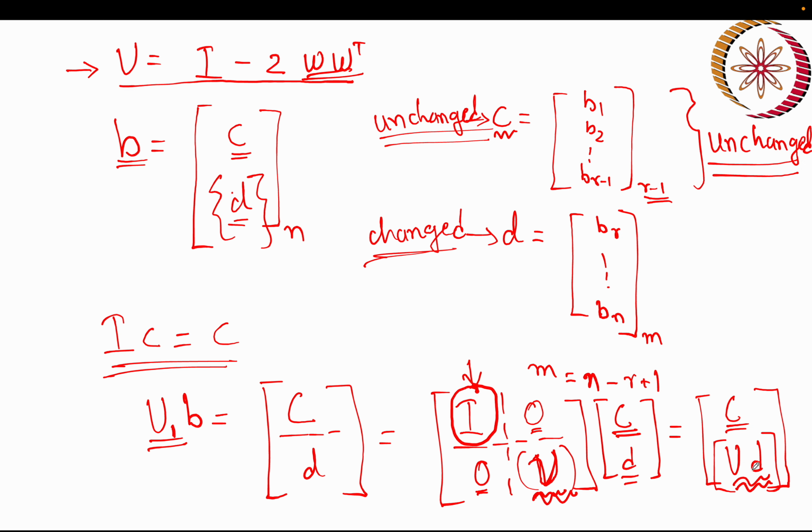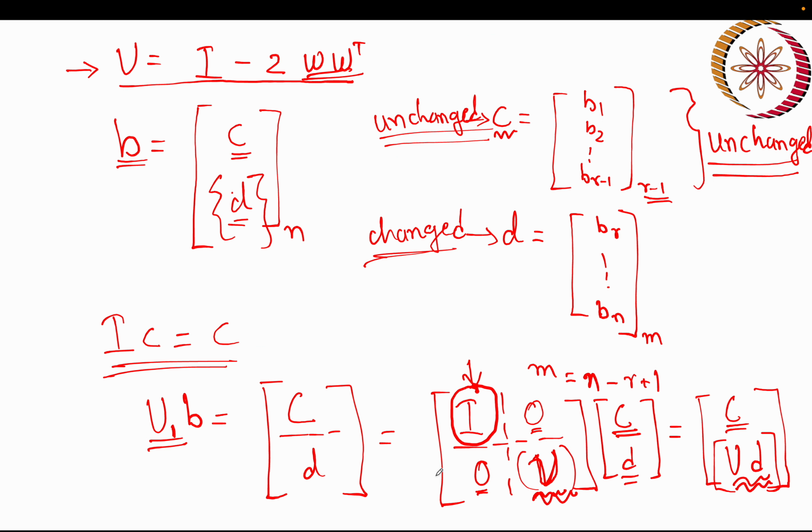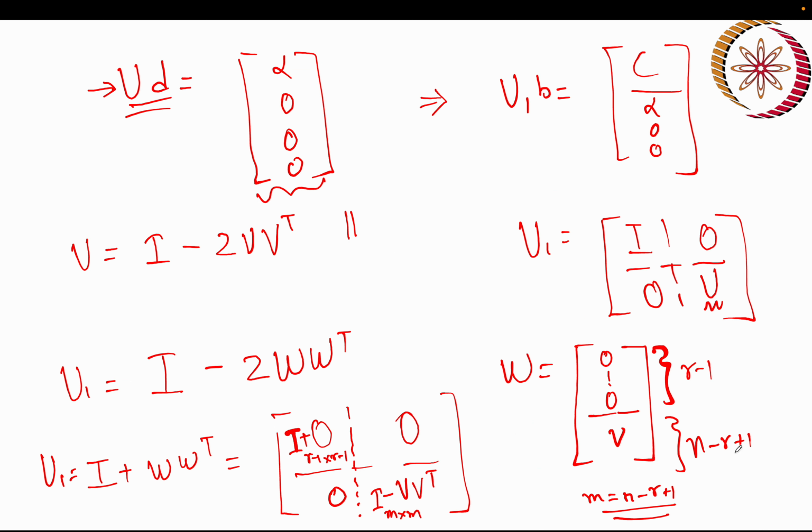This U d will achieve this task, alpha 0 0. So we want to find this U. Now this U will be I minus 2 v v transpose, where v is nothing but the vector.